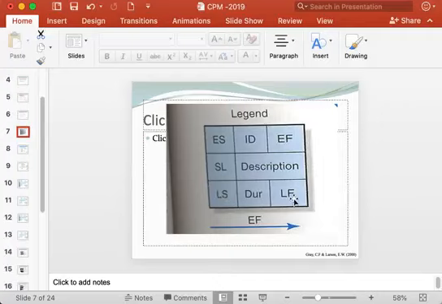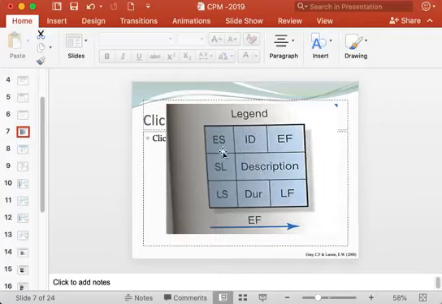LF is representing latest finish time. And in this cell you can write down the description about the particular activity, which is denoted by some number or letter here.